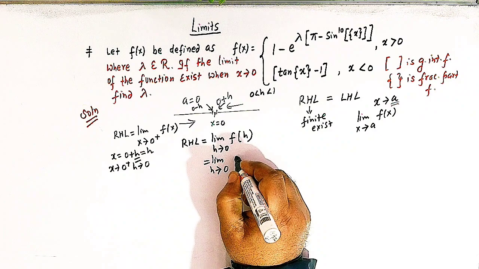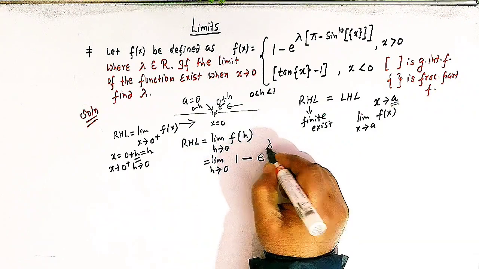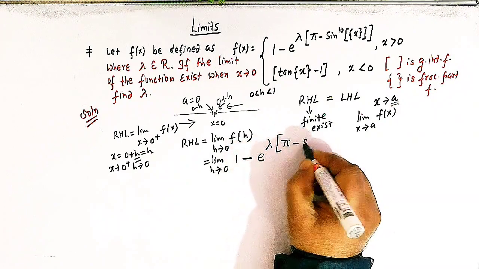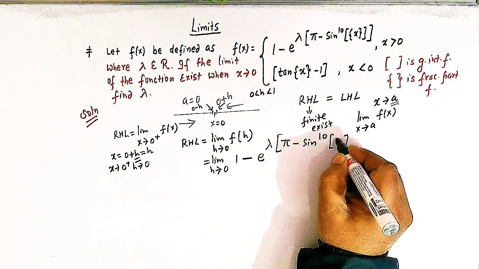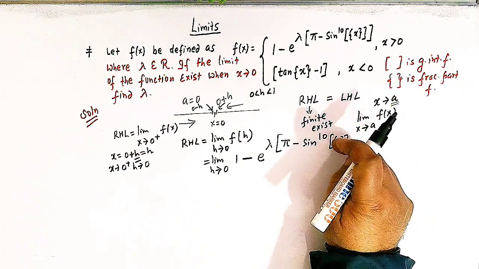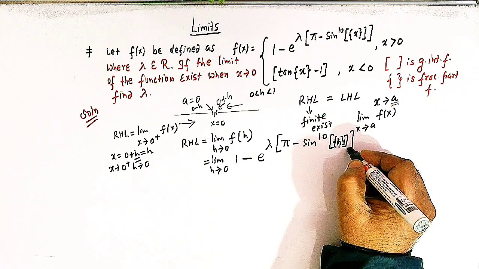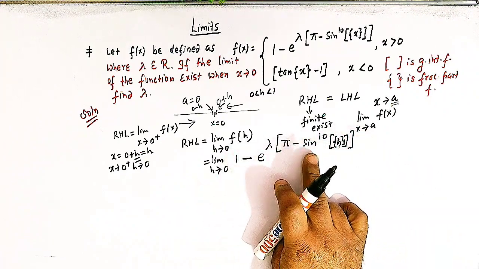So we have 1 minus e raised to lambda, and here we have greatest integer of pi minus sine raised to 10, and greatest integer of fractional part of x. Here x can be written as h, and here we have greatest integer function. So now we have to evaluate this limit.